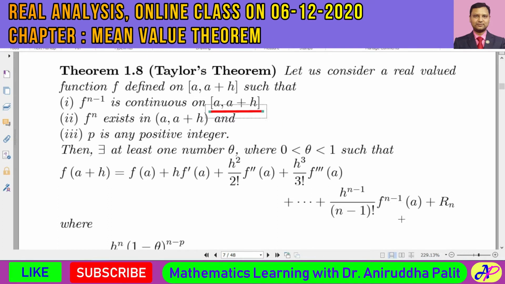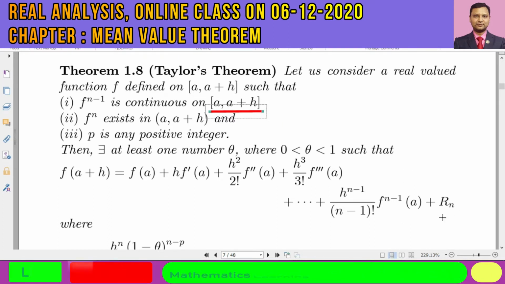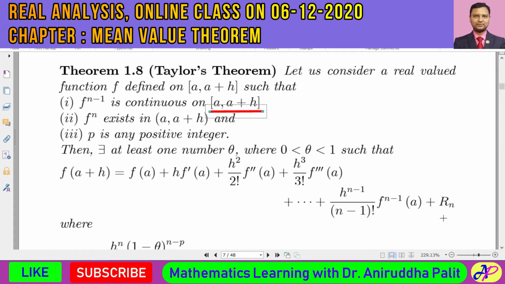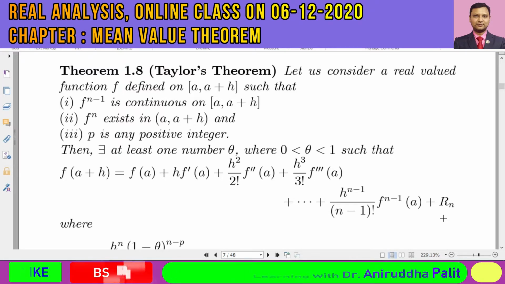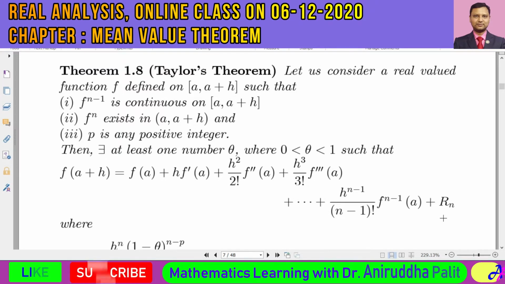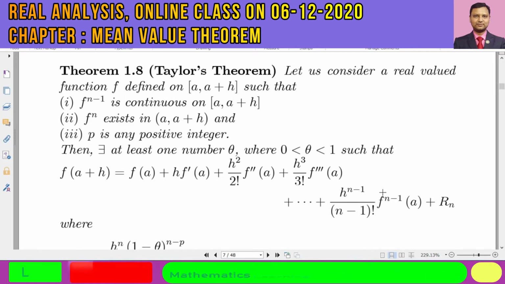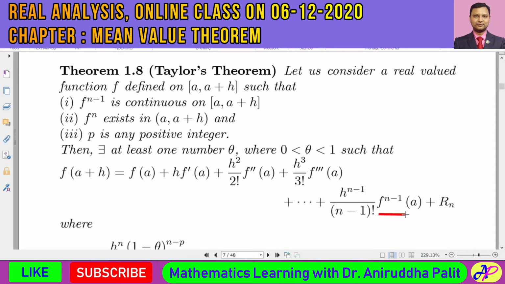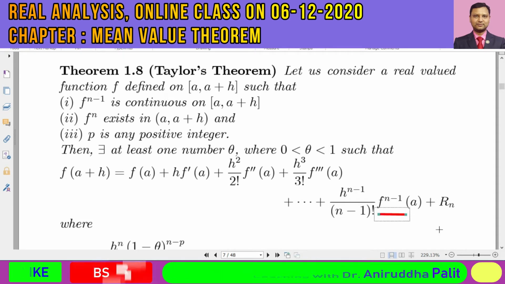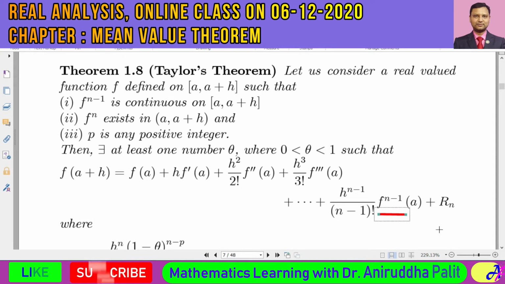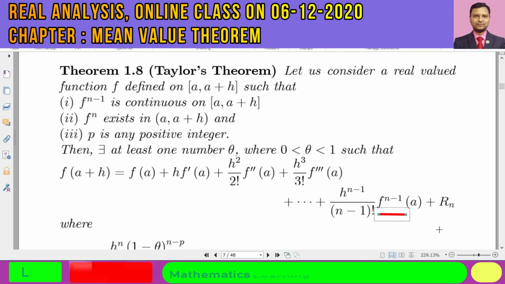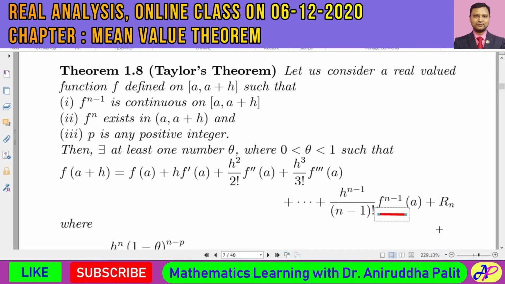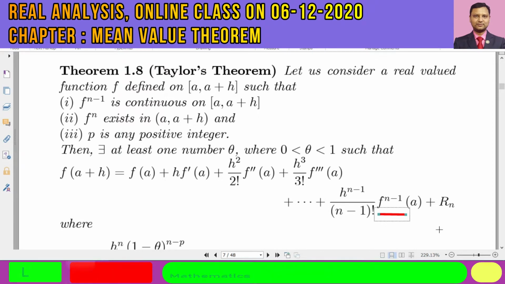Then only we can extend this expansion up to an infinite number of terms, because in the nth term we have f^(n-1), the (n-1)th derivative of f. Similarly, in the next term we shall have the nth derivative, and after that the (n+1)th order derivative.